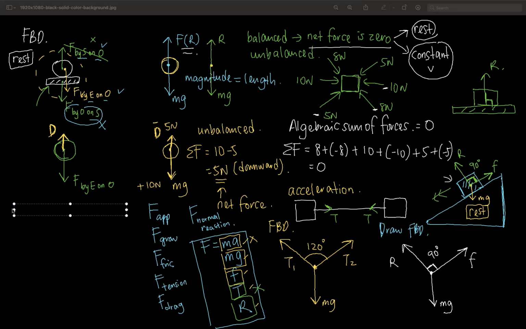Okay, so what is a free body diagram? It is a diagram that shows all forces acting on one single object, whether it is balanced or not. We have to analyze it. Analyze what? Analyze the free body diagram. So I write it down here: a free body diagram shows all forces acting on one single body.